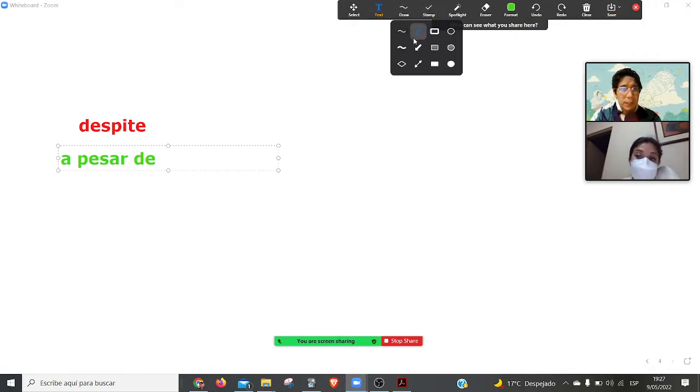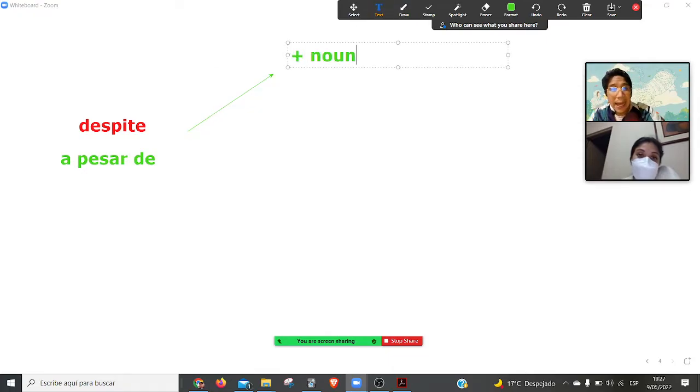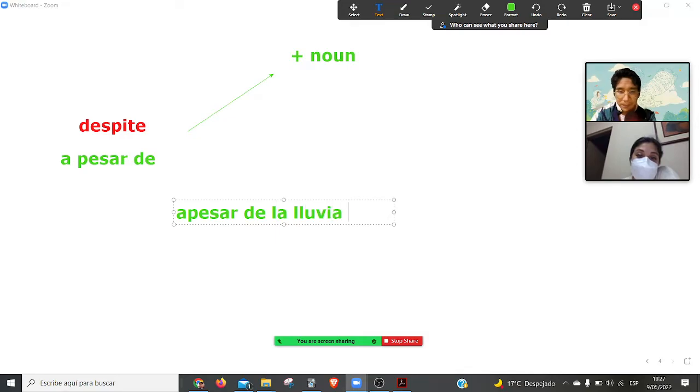Focus on this part. You can say despite plus a noun. For example, ¿cómo dirías? A pesar de la lluvia, yo llegué a tiempo. Do you know? Okay, de la lluvia. ¿Qué cosa es la lluvia? A noun. ¿Cómo sería?